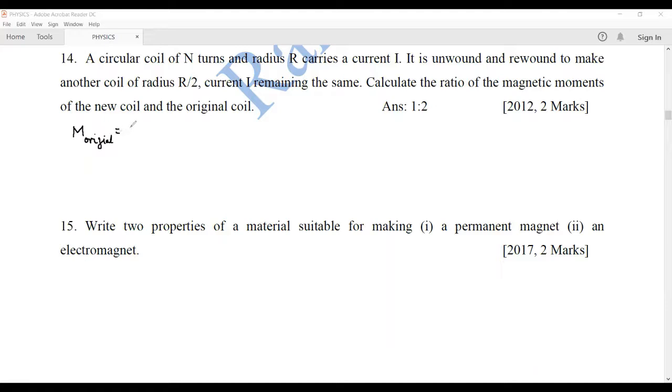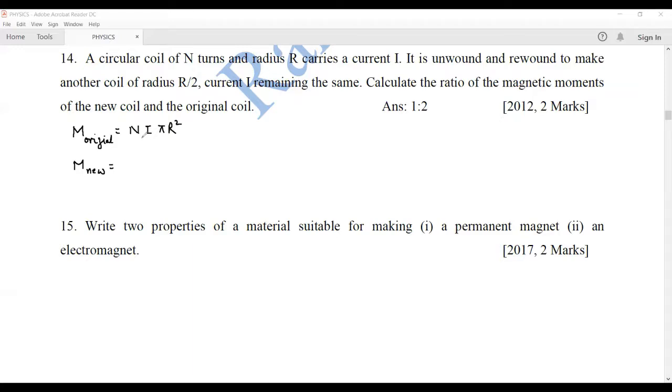So for the original coil, the number of turns given are N, current is I, and the area is πR². So this is for the original coil. Then it is unwound and again rewound to make a new coil.